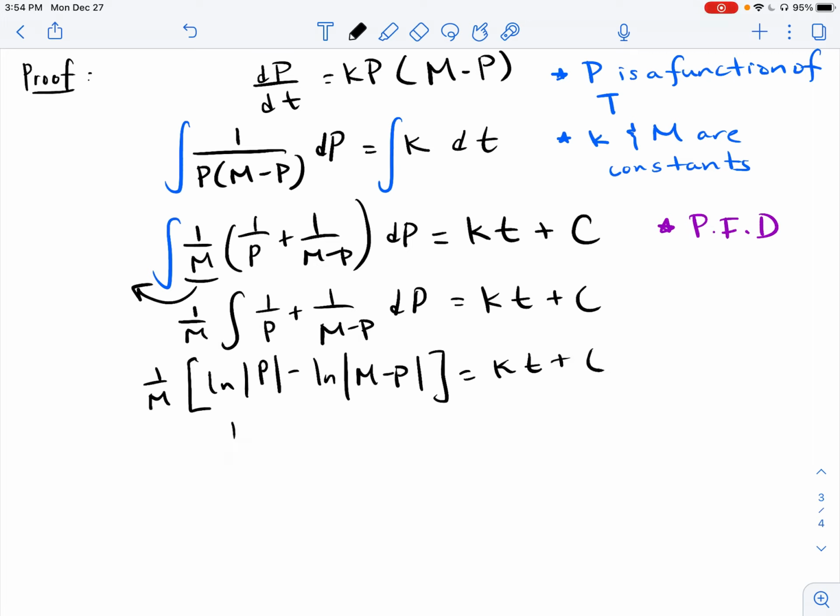And I'm going to now use a log property, which we've done throughout this chapter, to rewrite this as the natural log of the absolute value of P over M minus P is equal to kt plus c. Again, if you're not sure why, this was just a log property, okay?